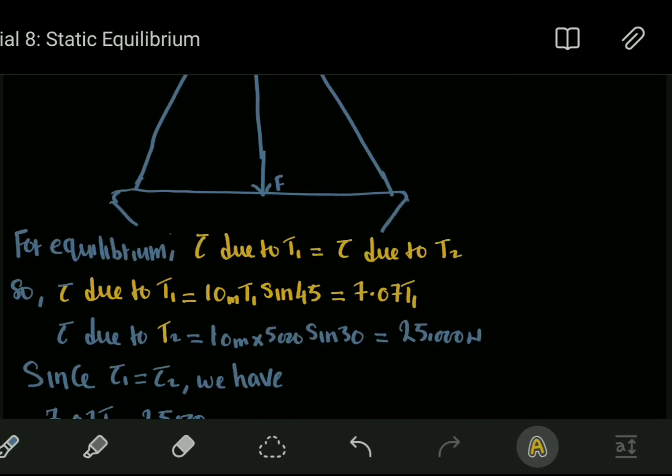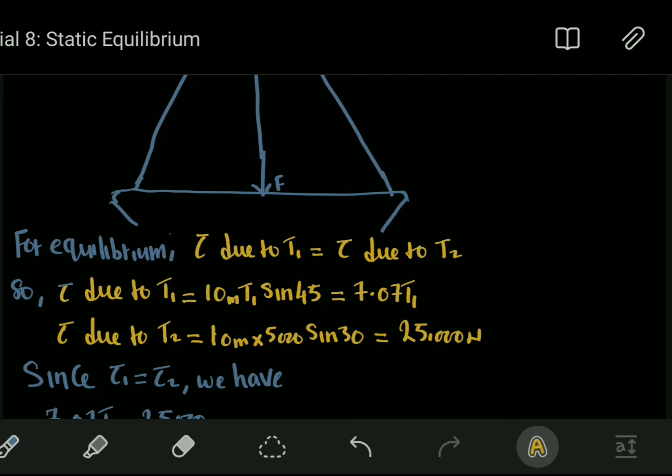Also, the torque due to T2 is going to be 10 times the value of T2, which is given as 5,000 newtons. Therefore, we have 10 times 5,000 times sine 30, giving us 25,000 newtons. Okay, so that is the torque due to T2.